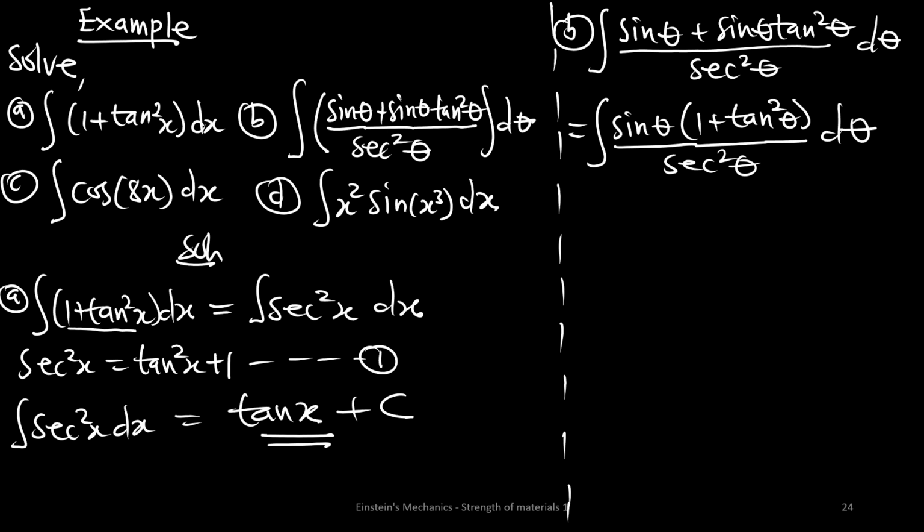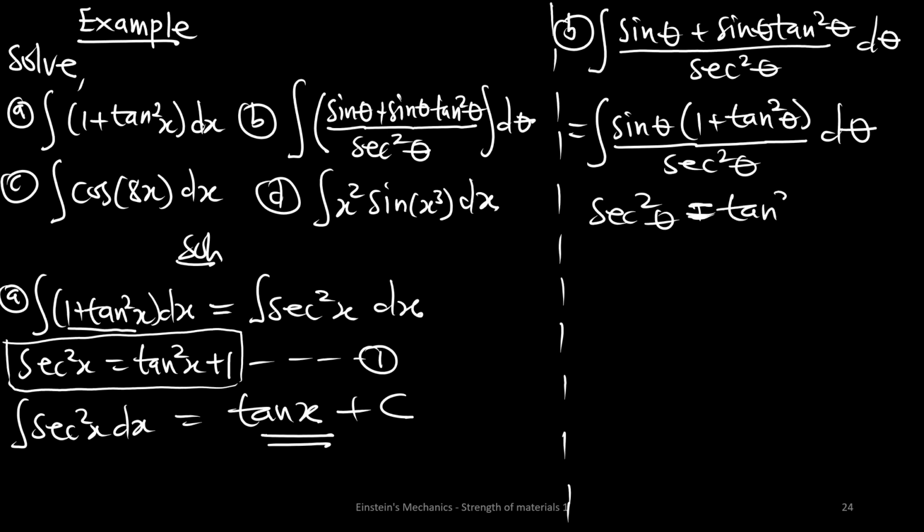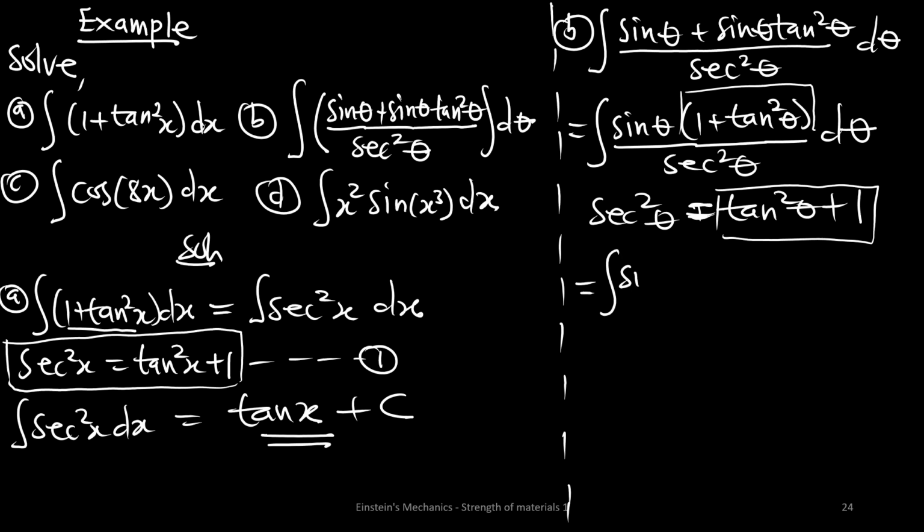So the same thing, as we have this identity, we can see that sec square theta should be equal to tan square theta plus 1. Are we good? So we can see that this part is what I'm having over here. So I can replace this to be equal to the integral of sine theta times sec square theta, everything divided by sec square theta d theta.